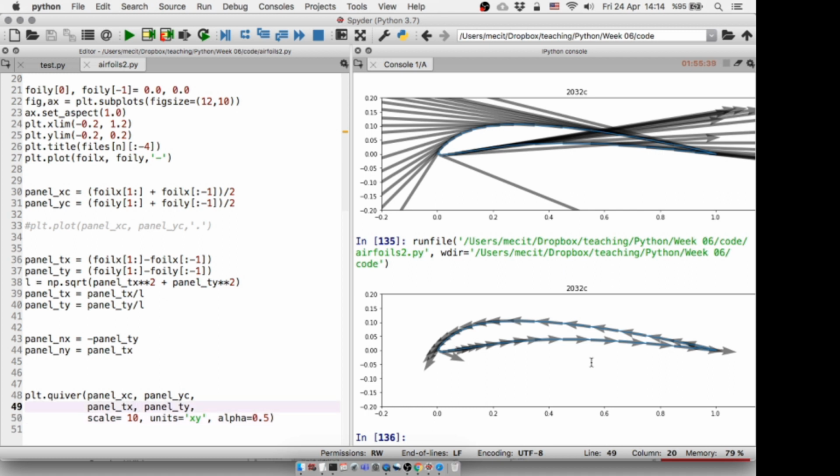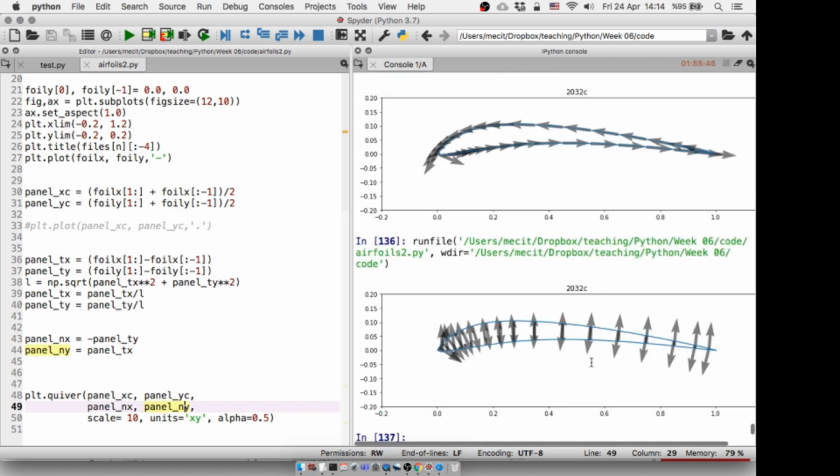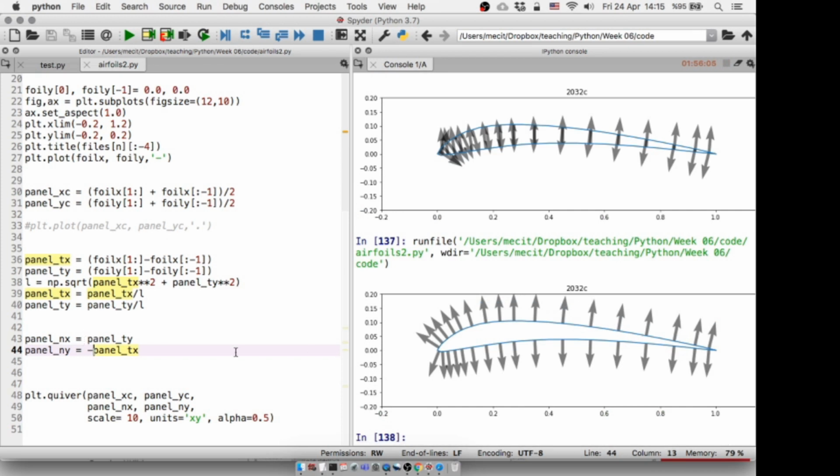And then the normals are like this. Okay, it's actually giving me the negative one, so I can flip it, it's not going to change anything else. So now I can see my normals nicely pointing away from the airfoil.